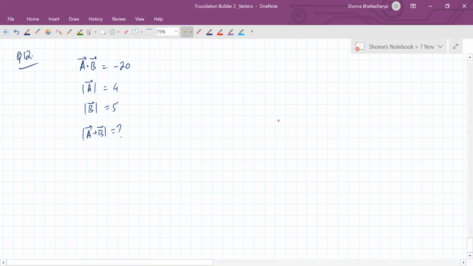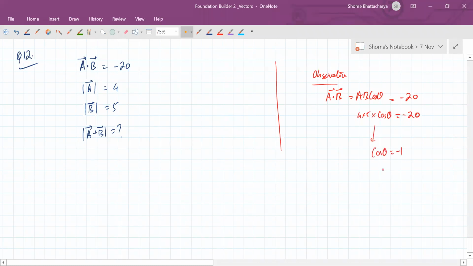First, without using any formula, we can just see by observation that A dot B, which is AB cos theta, is coming out to be minus 20. So 4 into 5 into cos theta is minus 20, which means that cos theta is minus 1, which means that theta is equal to 180 degrees.